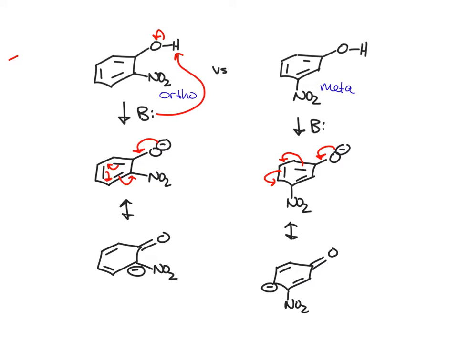Even if you try to draw another resonance structure here, we put the negative charge on this atom, that's not as good as getting the negative charge on the carbon directly next to the nitro. So that means having the nitro group ortho makes this more acidic. And you'll find if you did the same thing for the para nitro, you would be able to draw a resonance structure that puts the negative charge again directly next to the nitro group.